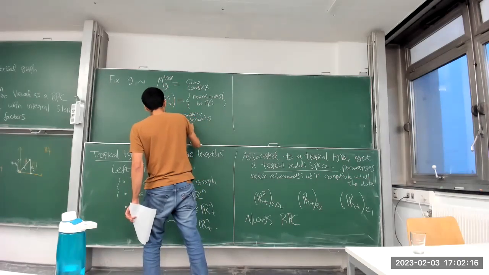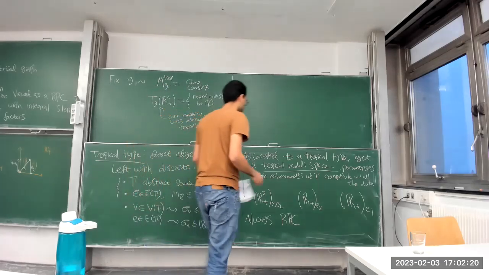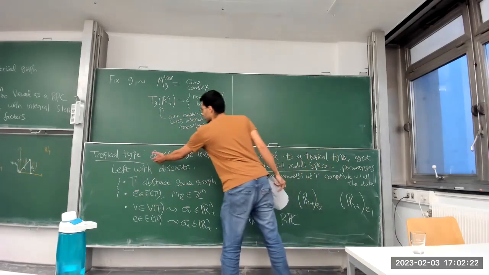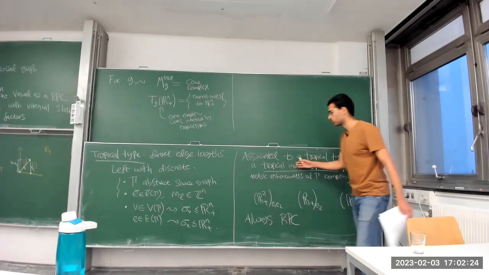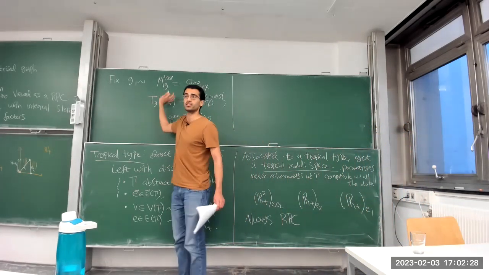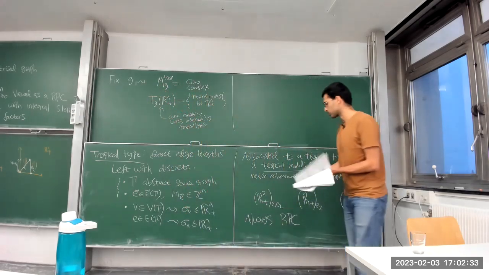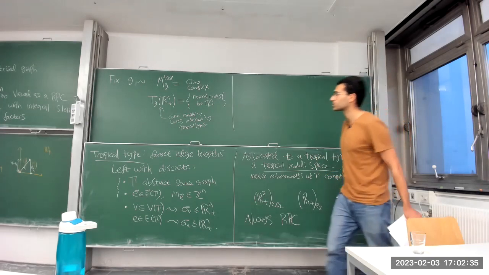So really, I've committed a sin here. If I specify a tropical type, I told you there's an associated tropical moduli space, and that was just a single cone. So that is a single cone inside this cone complex, and they're glued together in various ways because there's a well-defined notion of specializing tropical types.